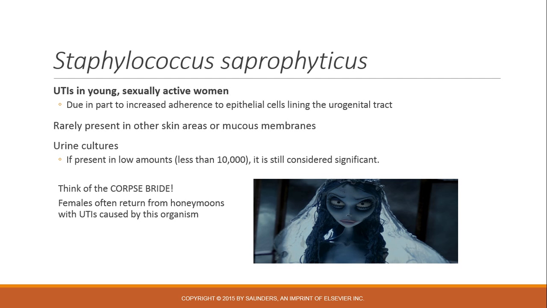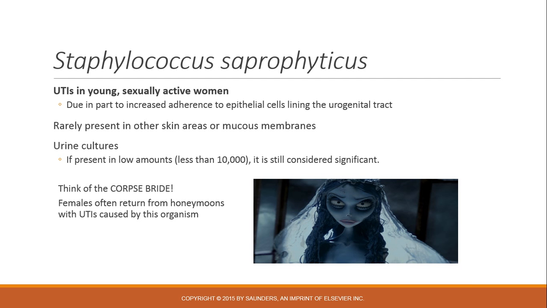Usually it's present in very low numbers, so less than 10,000, which is 10 colonies on our plate, right? If we think about our plate and how we quantify growth, when we quantify a urine culture, we count each colony individually, right? So 10 individual colonies. 4, 5, 6, 7, 8, 9, 10. Does that coincide with an infection, those quantities?